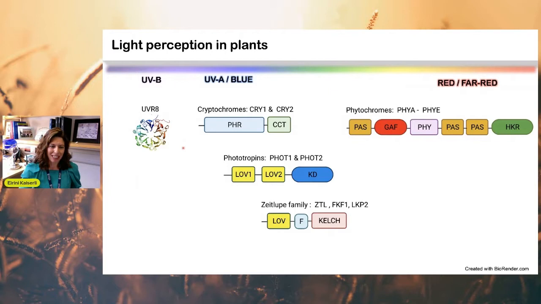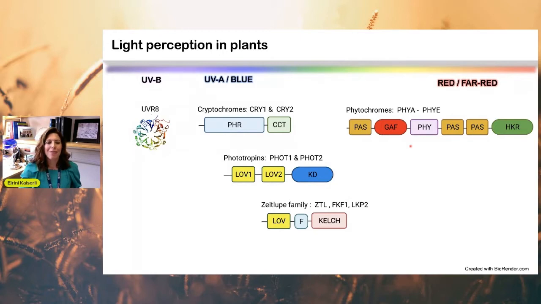In blue light, there are 3 different families of blue light receptors that perceive this wavelength: the cryptochromes, the phototropins, and the Zeitlupe family. And red and far-red light is perceived by phytochromes. There are 5 phytochromes in Arabidopsis, PhyA to PhyE.